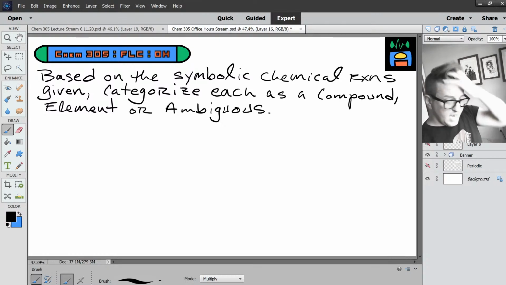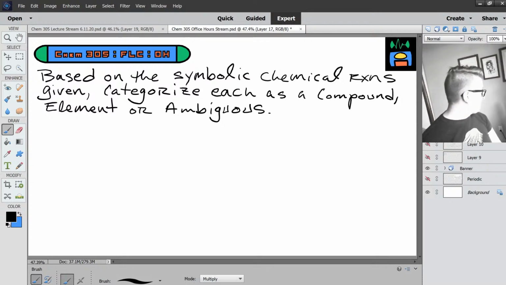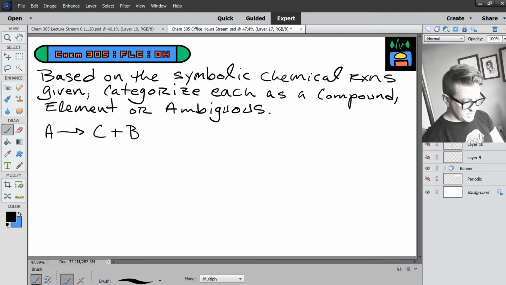All right, and let me whip up a couple things here. How about we go with a reaction where A is going to C plus B, and then let's see these.